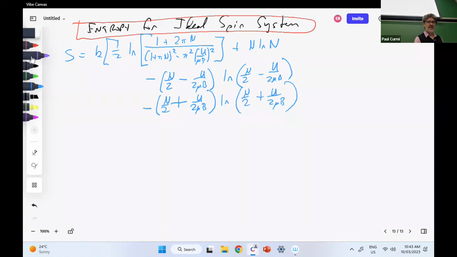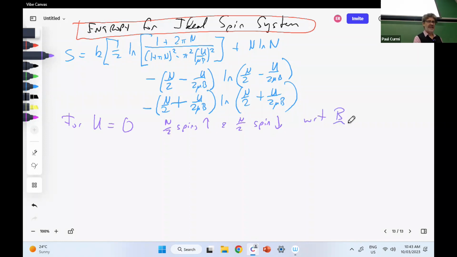Then I can say for u equals 0, I've got n/2 spins up and n/2 spins down with respect to my B field.